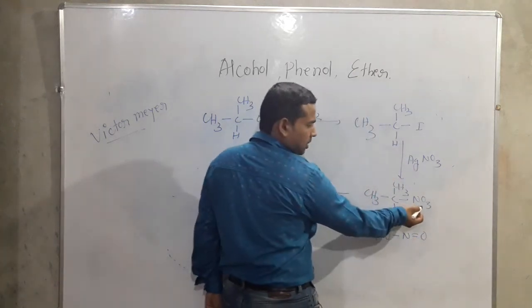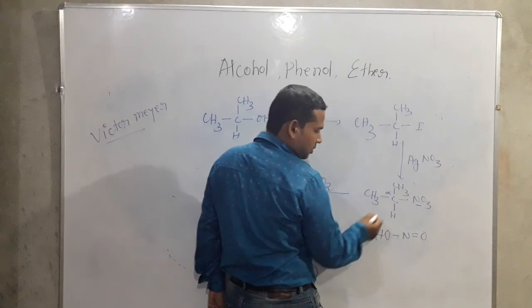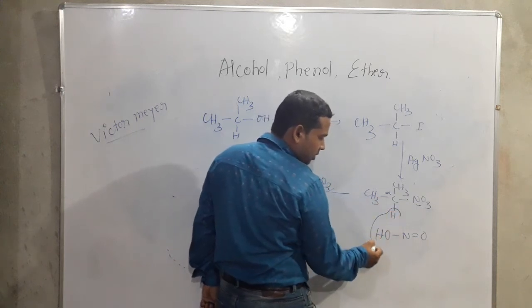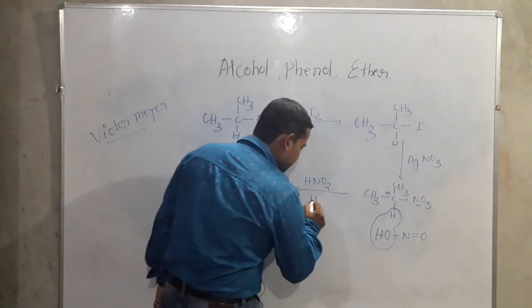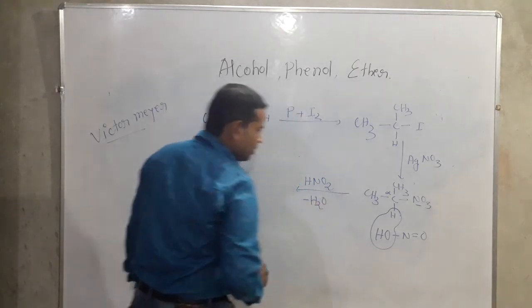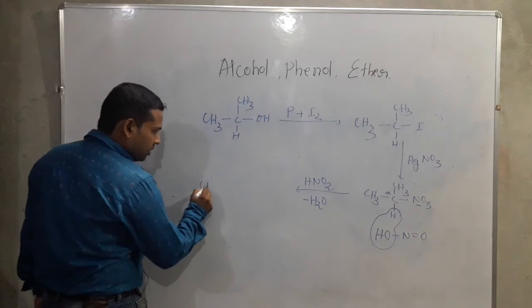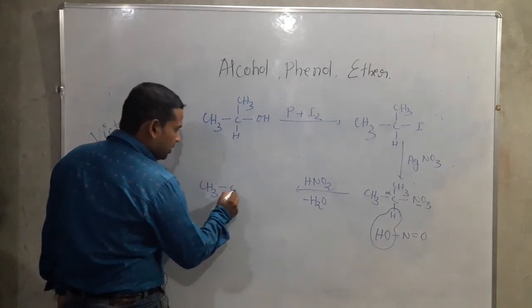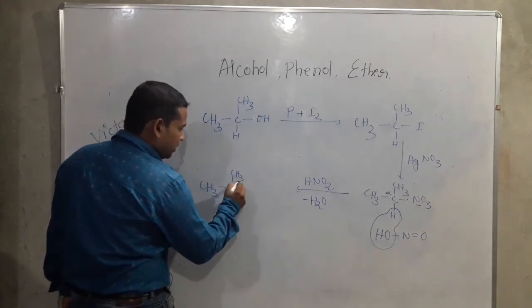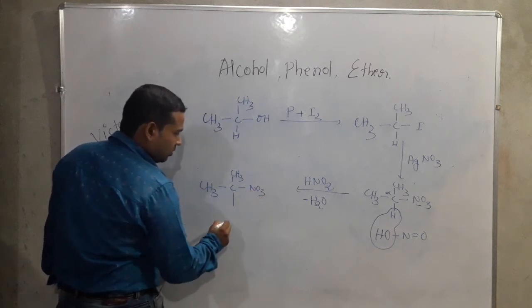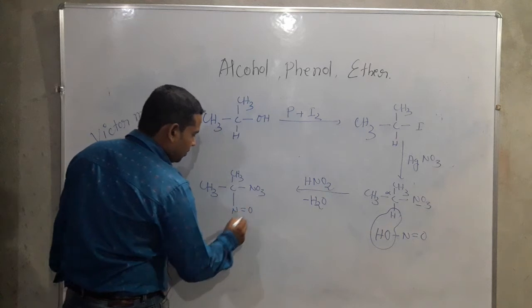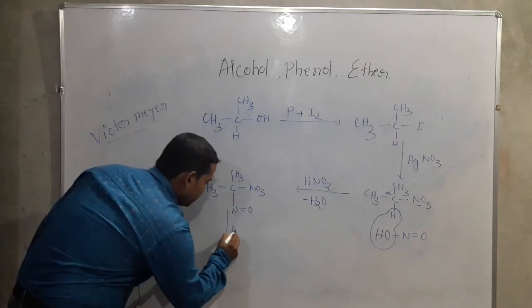So with respect to NO2, this is the alpha carbon. This alpha carbon contains 1 hydrogen. So one H2O molecule also condenses out. So what happened? New compound is CH3, then C, CH3, then NO3, then single bond N, double bond O. After then you will add NaOH.